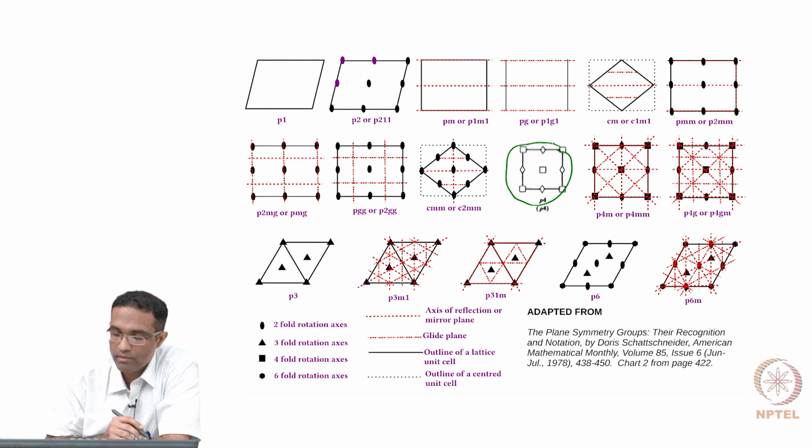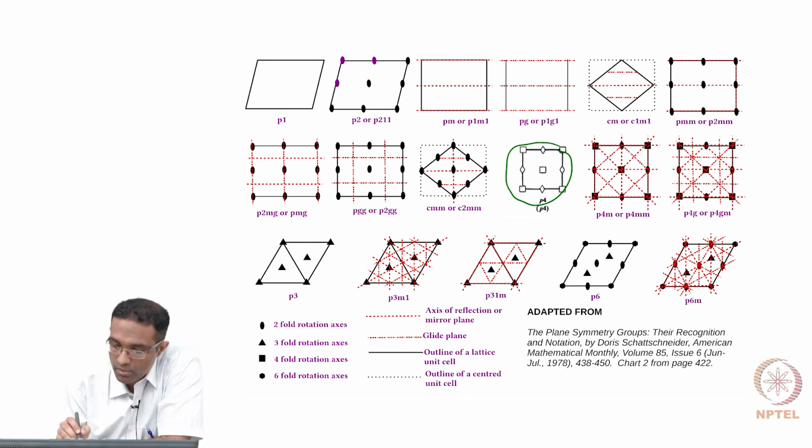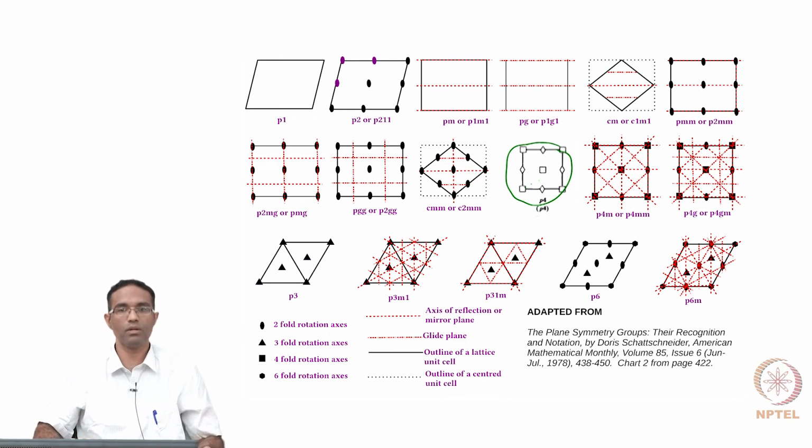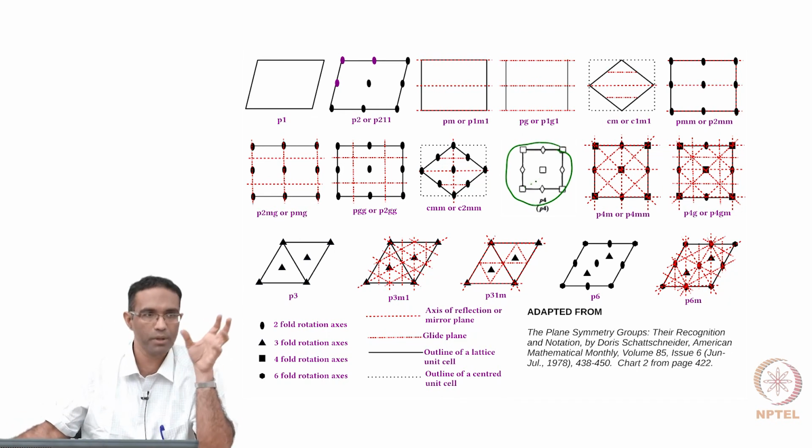When we said that we looked at a certain general point, we essentially meant an arbitrary point present somewhere there, and we performed the P4 operation, the fourfold rotation operation, on that particular point, and we got 4 different points.